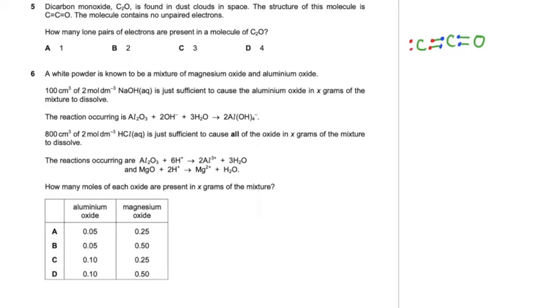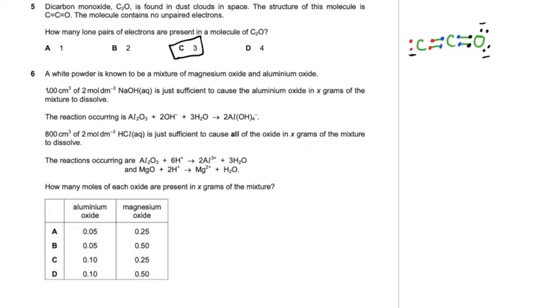And oxygen belongs to group 6, so oxygen has 6 electrons in its outermost shell. So the question is, how many lone pairs? Lone pairs are those electrons which are not involved in bond formation and are present in the valence shell, the outermost shell. How many lone pairs of electrons are present in the molecule of C2O? So this is one pair, this is the second pair, and this is the third pair. So 3 lone pairs are present in the molecule.